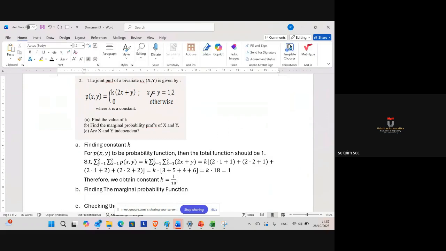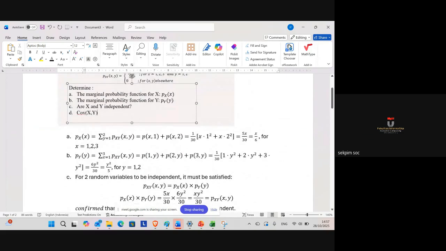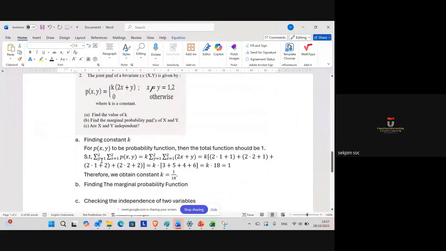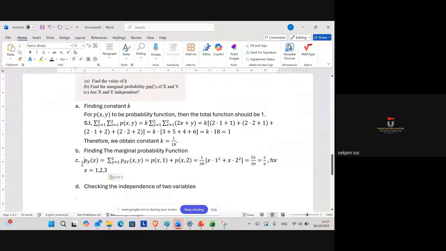And next is finding the marginal function. I just want to copy from our previous answer because it's similar, just changing the value of the variable.